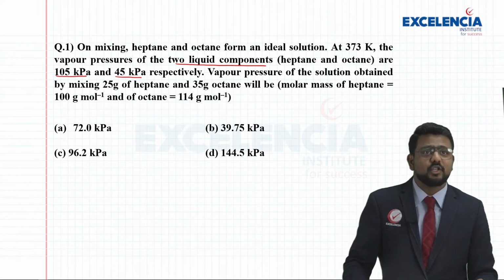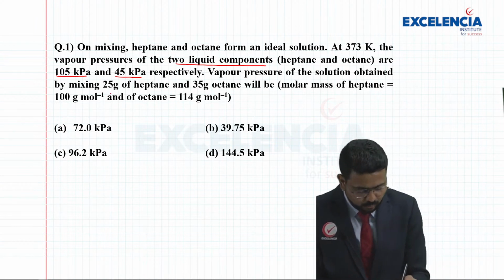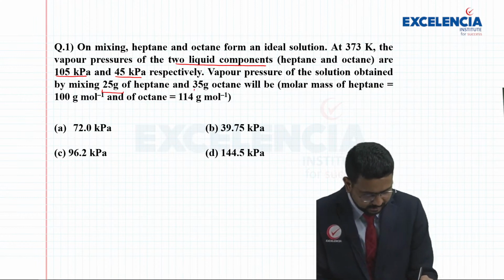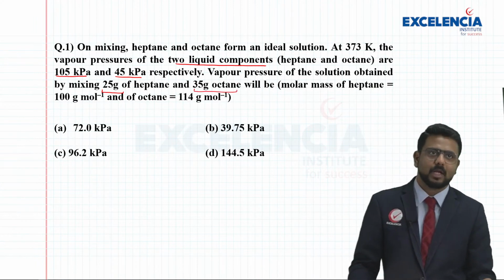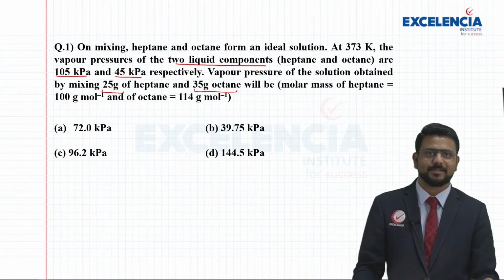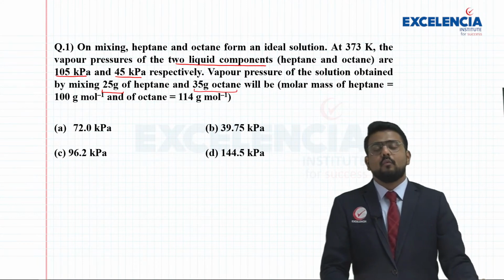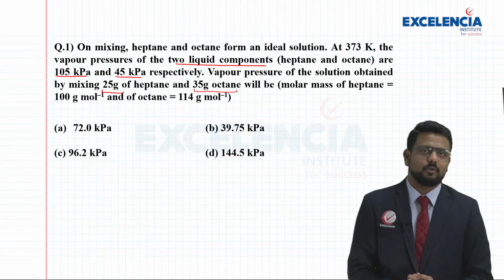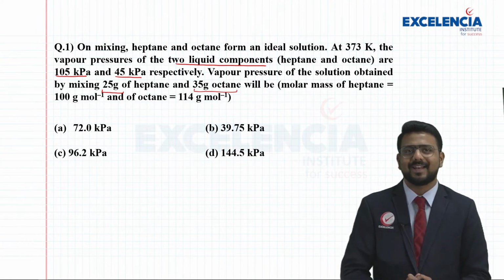The vapor pressure of the solution, which is obtained by mixing 25 grams of heptane and 35 grams of octane, will be? Now you have been given the molar masses as well for these two components. This question is typically based on Raoult's law for two volatile liquids.